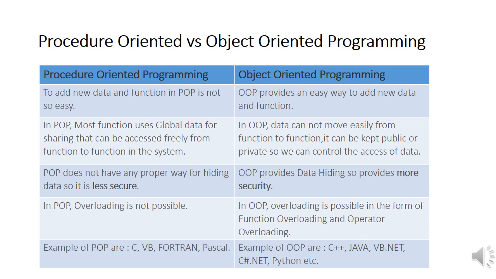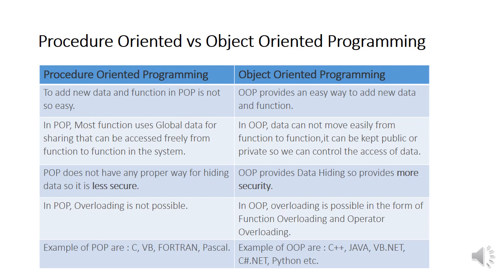But in object-oriented programming, data cannot move easily from function to function. It can be kept public or private, so we can control the access of data. Procedure-oriented programming is less secure, but object-oriented programming is more secure as compared to procedure-oriented programming.